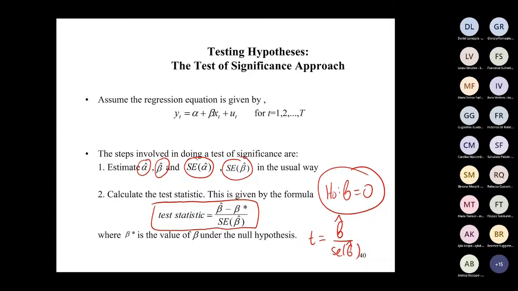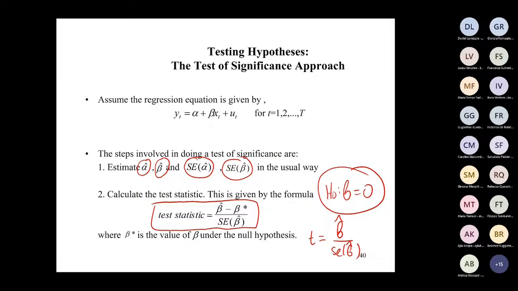Okay. Now, who is going to help me: why is beta equals 0 an important case?